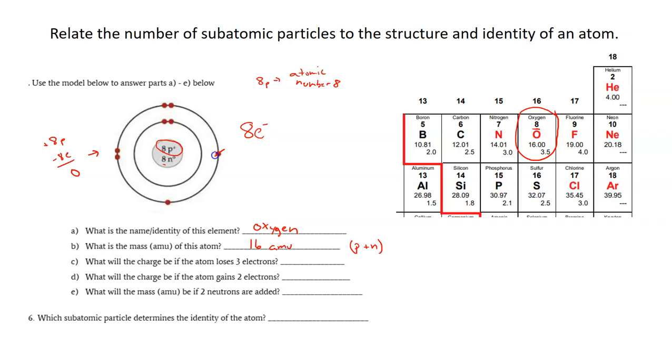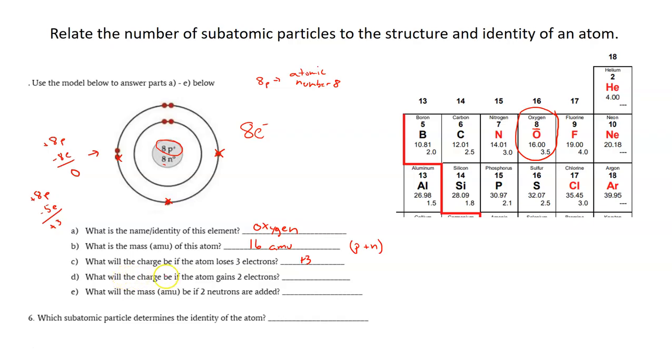But if I get rid of 1, 2, 3 electrons, that would now be 8 protons, which is a plus 8, and 5 electrons, which would be a negative 5, which would make an overall charge of positive 3 when I go 8 minus 5. So my charge would be plus 3.